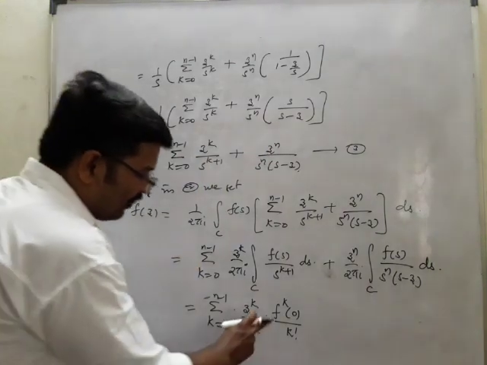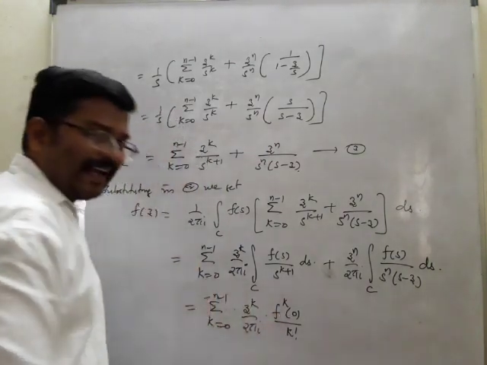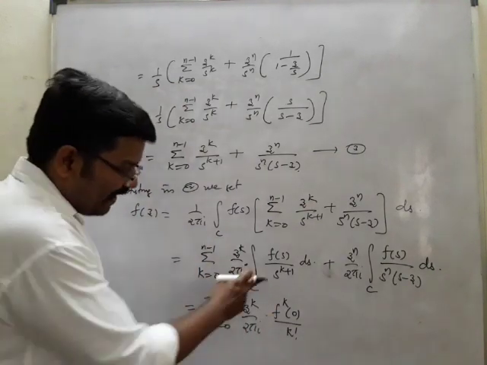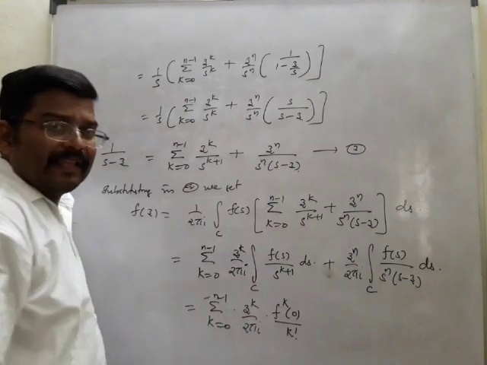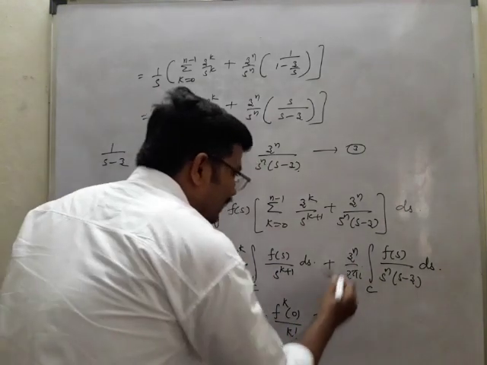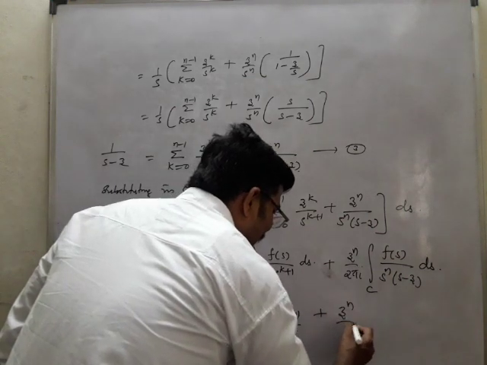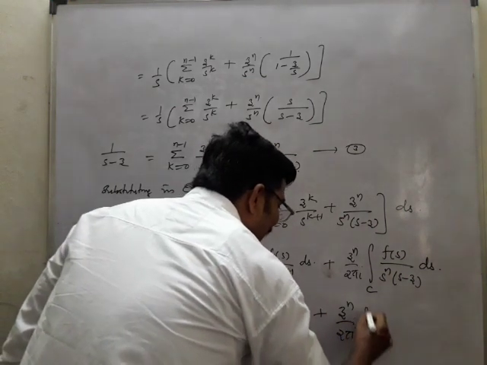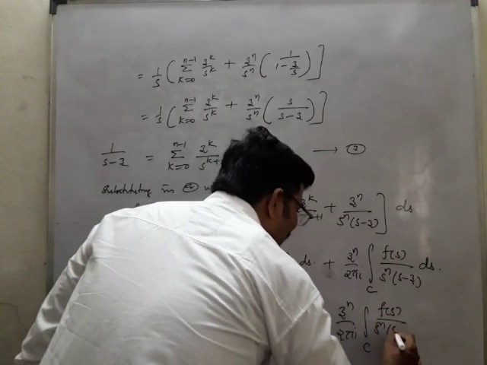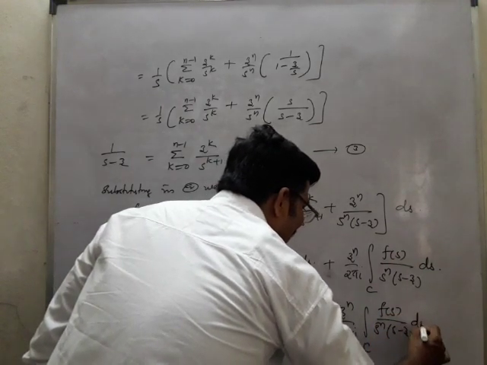The formula is that. So f power k of 0 by k factorial according to Cauchy's integral formula for the derivatives, because it is n plus form, in the place of n there is a k. Okay, this is what we have, plus the same thing, z power n by 2 pi i integral over c of f of s by s power n into s minus z, ds.